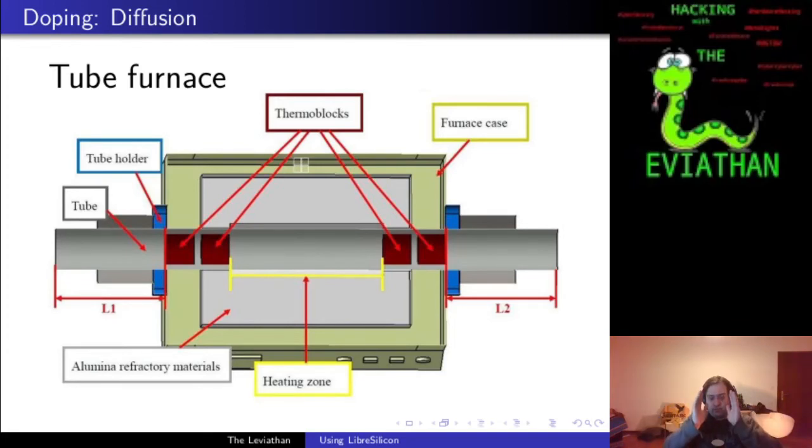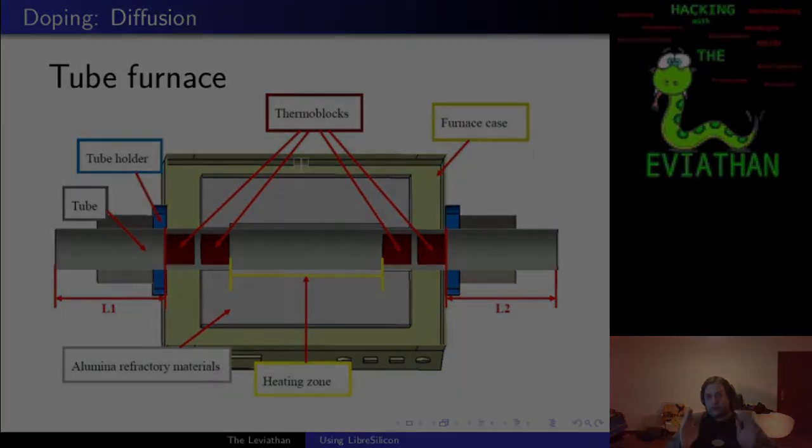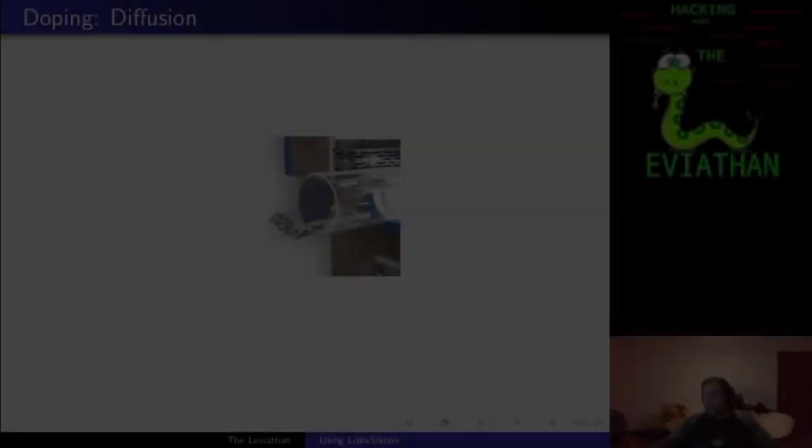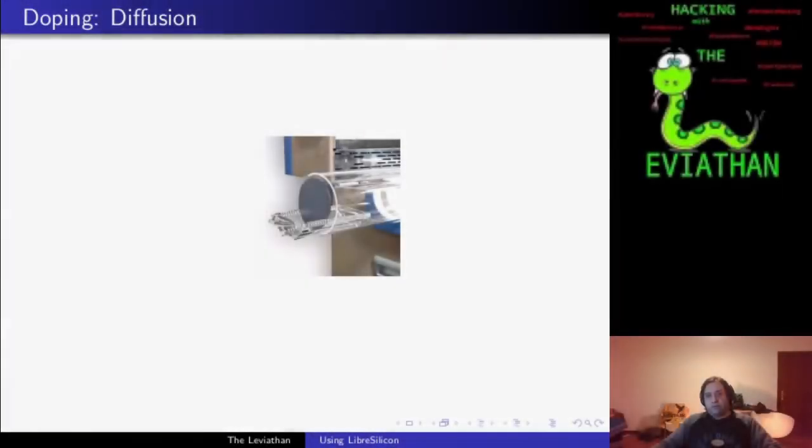Typically in the middle of the box you have the desired temperature range you set in the configuration of the tube furnace. The silicon wafers are put into little glass boats, holders with slits in which you put the wafer in, like those old school CD-ROM holders.